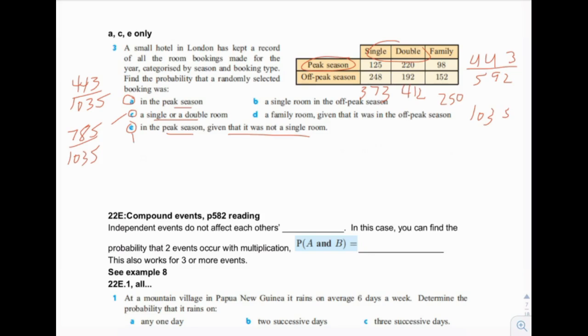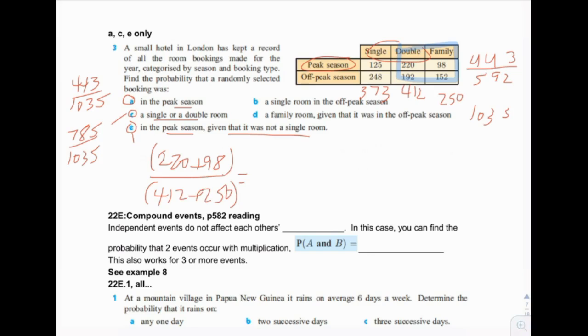E, in the peak season, given that it was not a single room. Okay, so this time we're going to look at not a single room, which is here, and we want the peak season given that it was not in a single room. So that would be peak season in not a single room is 220 plus 98, because those are the totals for double and family, and then we're going to divide that by all of the double and family, which would be 412 plus 250.